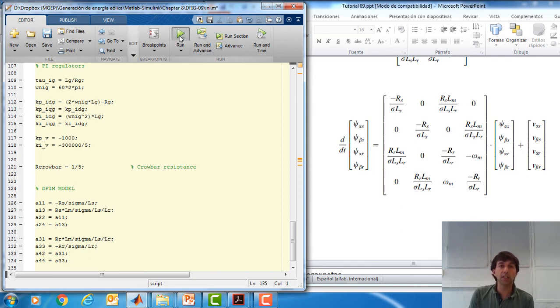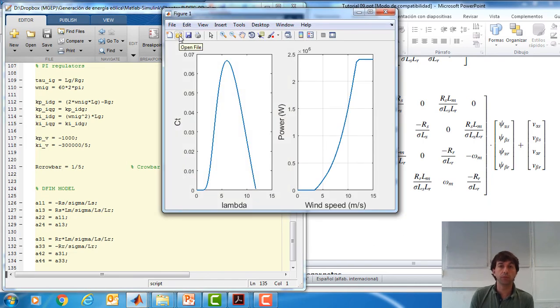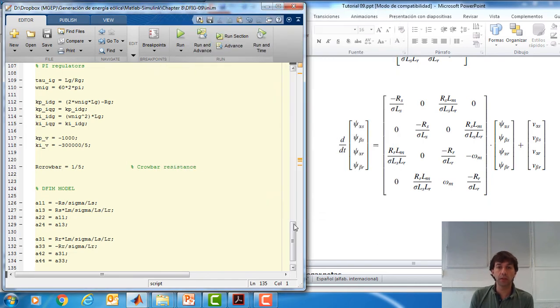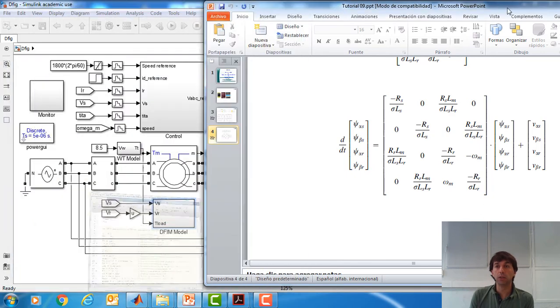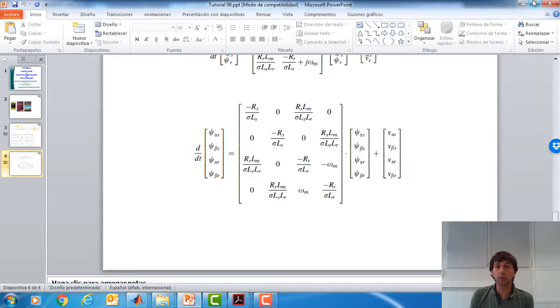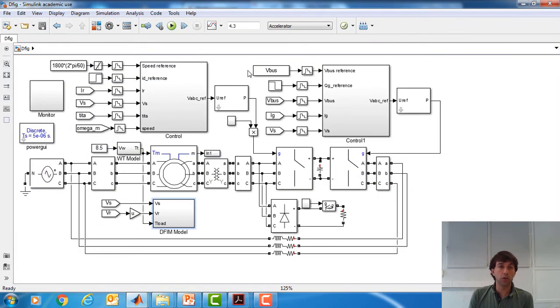Okay, so let's initialize the program. Okay, it seems that everything is correct. We don't need this anymore. So let's simulate the program and see what happens.